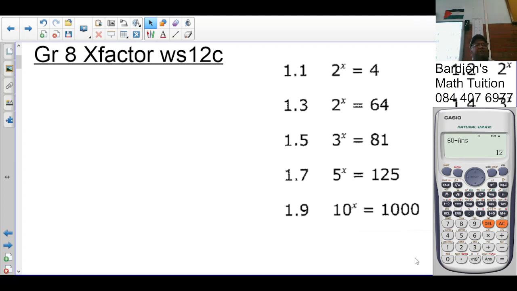Right, here we go. Listen. 1.1. You've got 2 to the x equal to 4. So what must x be equal to? 2. Who says something other than 2? Who can tell her why you're saying 2?